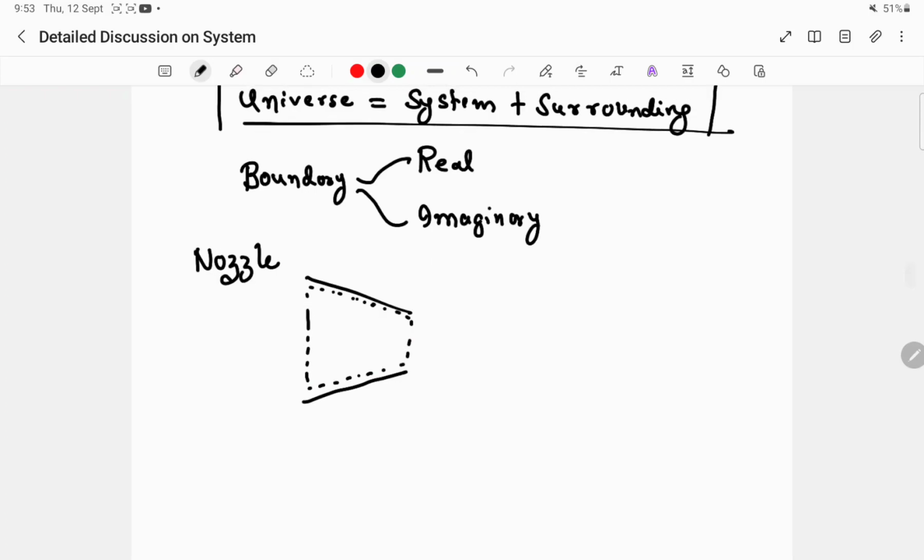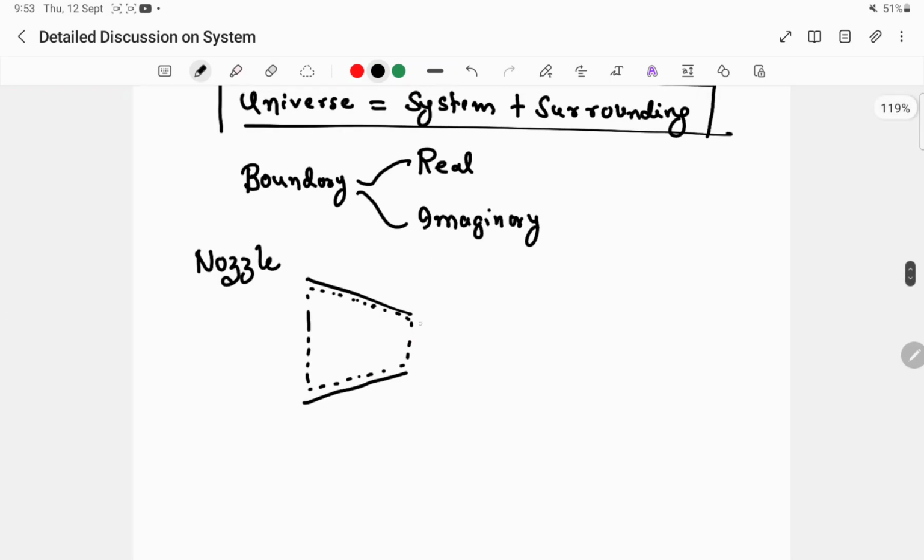This is the system where we will be focusing. The dotted line shows this is our system. Here this and this boundary are the real ones, and where there is no real boundary, where we are only showing with the dotted lines, these are imaginary boundaries.